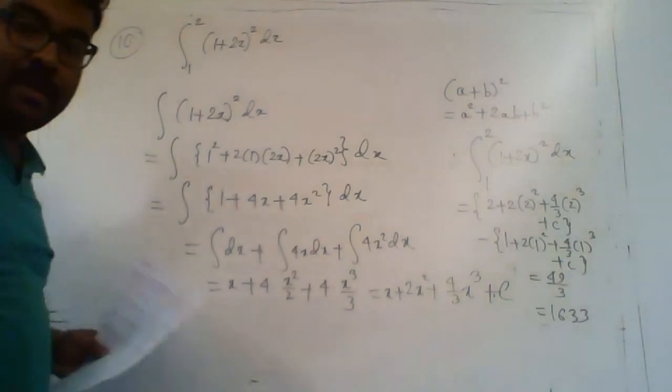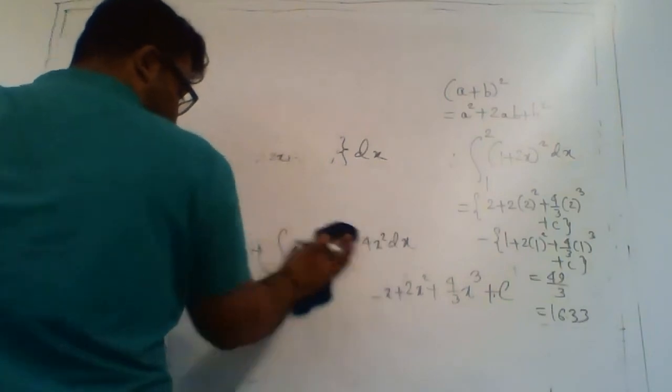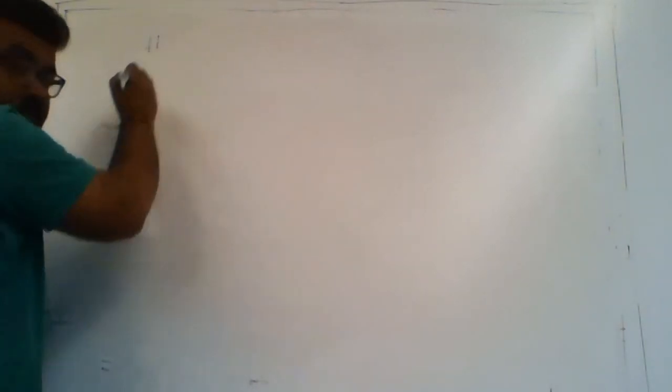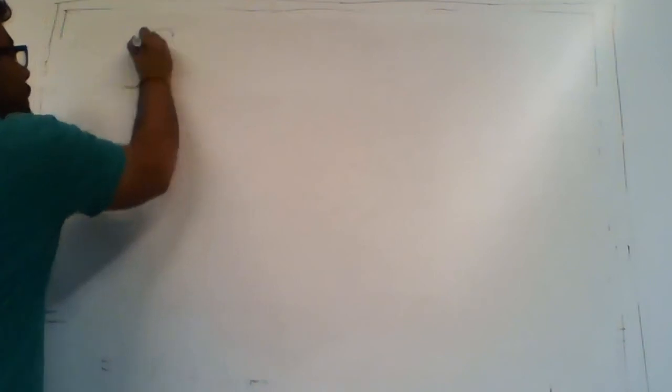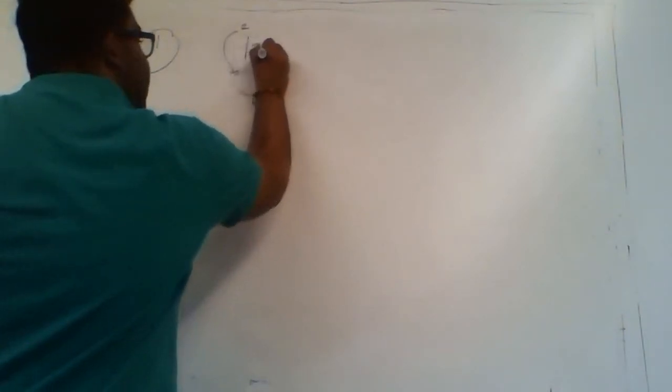Now problem number 11 is integral from 0 to 2 of mod of 2x minus 1 dx.